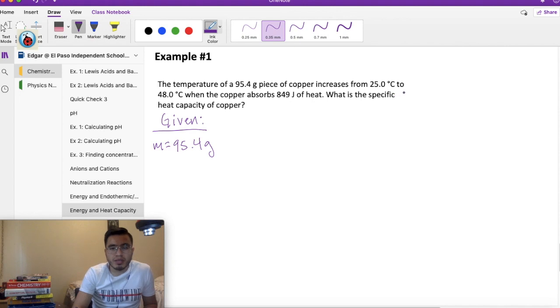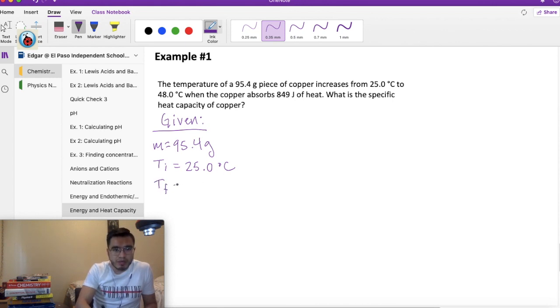25 degrees Celsius and then 48 degrees Celsius. What is the temperature? Starting temperature? 25 degrees, because it's going from 25 to 48. So temperature initial, TI, equals 25.0 degrees Celsius. The 0.0 is for significant digits, okay?